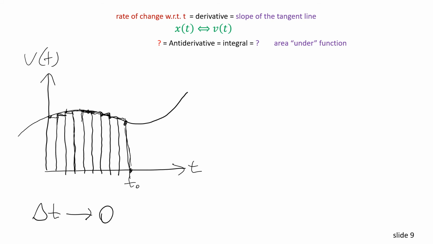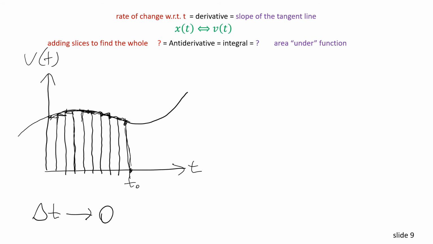And as you can see here, when the delta t gets smaller and smaller, the rectangles get thinner and thinner, and then they match the curve better. And then when delta t approaches 0, the rectangles will become so thin that they will exactly fit the curve. Then what you do next is that you add up all these little areas together to get the area under the curve.